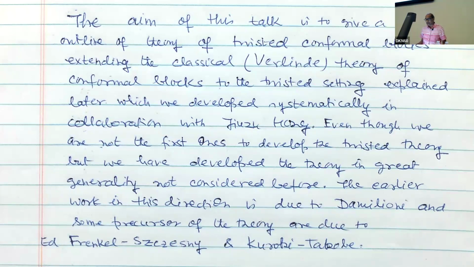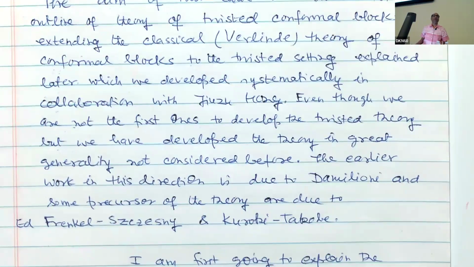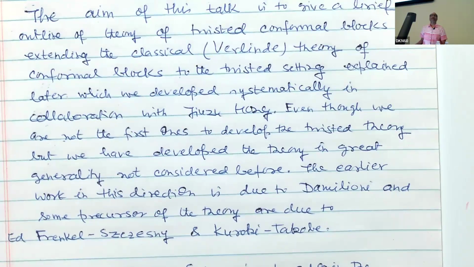The earlier work in this direction is due to Akira Tamiglione, and some precursors of the theory are due to Ed Frenkel, Zesny, and Kuroki Takube. But I have to first explain the theory in the non-twisted setting, the classical theory.